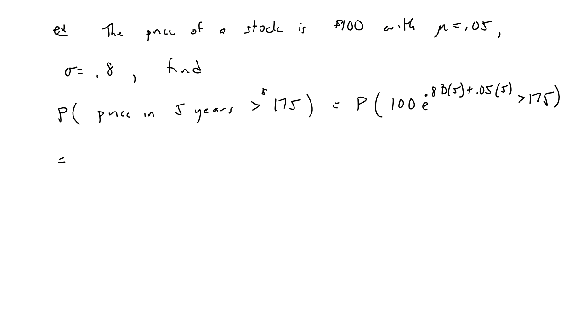So divide both sides by the 100. And I forget if we've done this in this class or not. How do I get rid of the e? Yeah, take natural log of both sides.